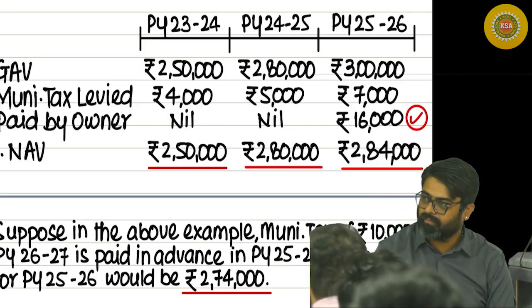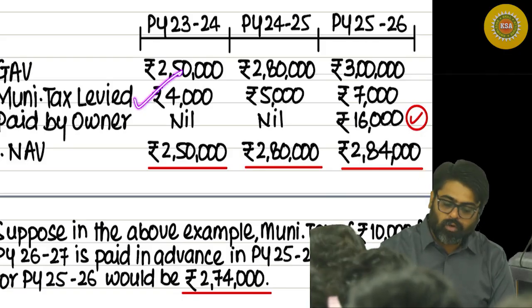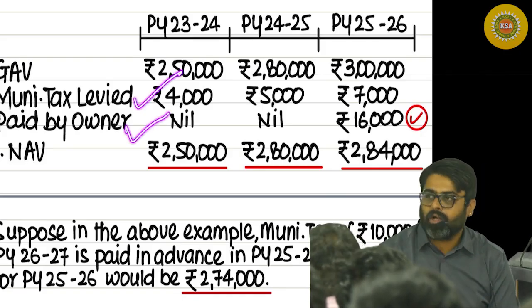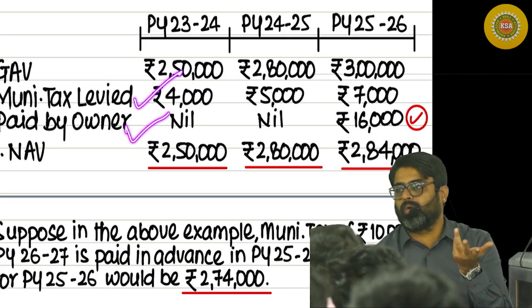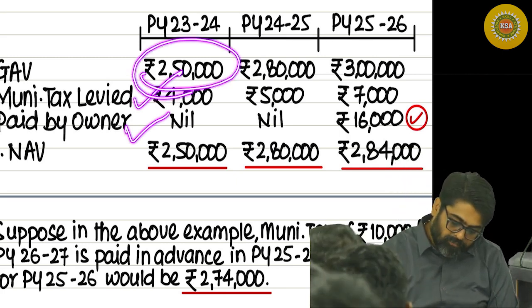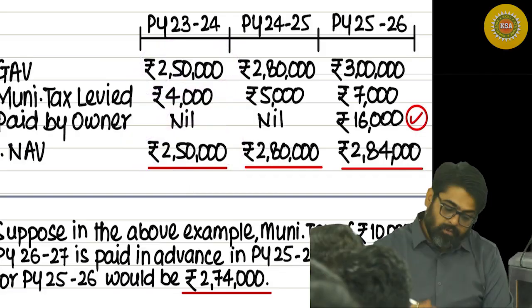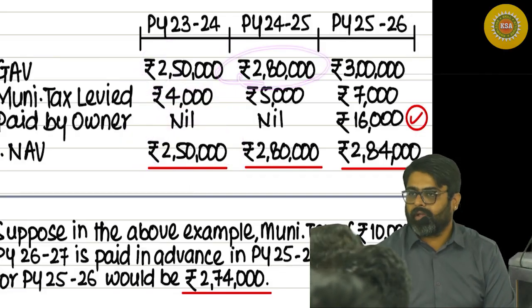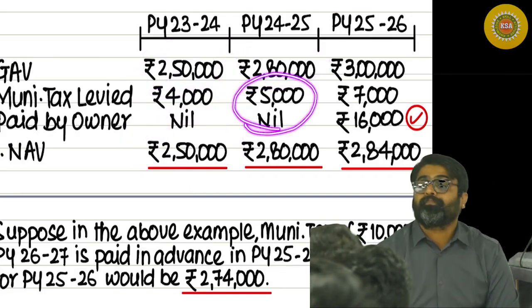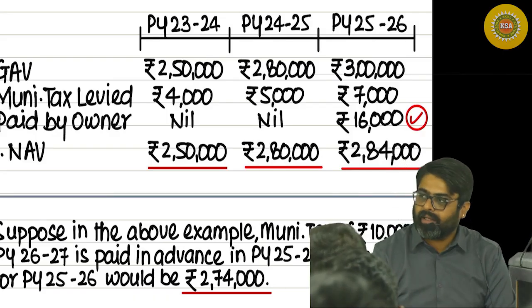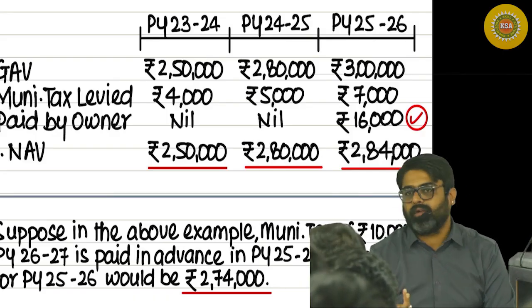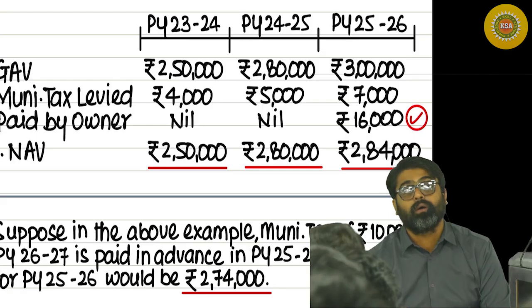Will you remember this? Because 4,000 was levied, but you did not pay that 4,000. So in that year, there was no deduction available to you. So your GAV was 2,50,000 in that year. 2,80,000 was your GAV. 5,000 was the municipal tax. But did you pay that 5,000 in that year? No. So no deduction of that 5,000 was allowed either.